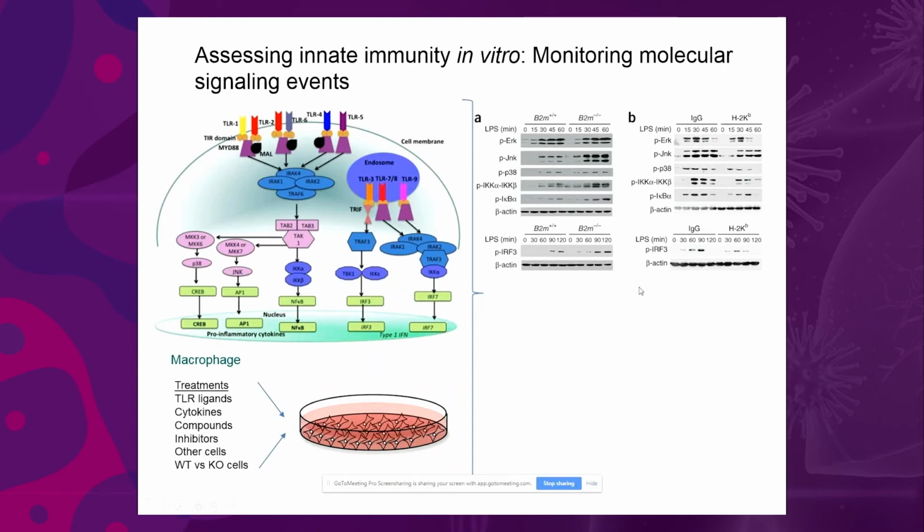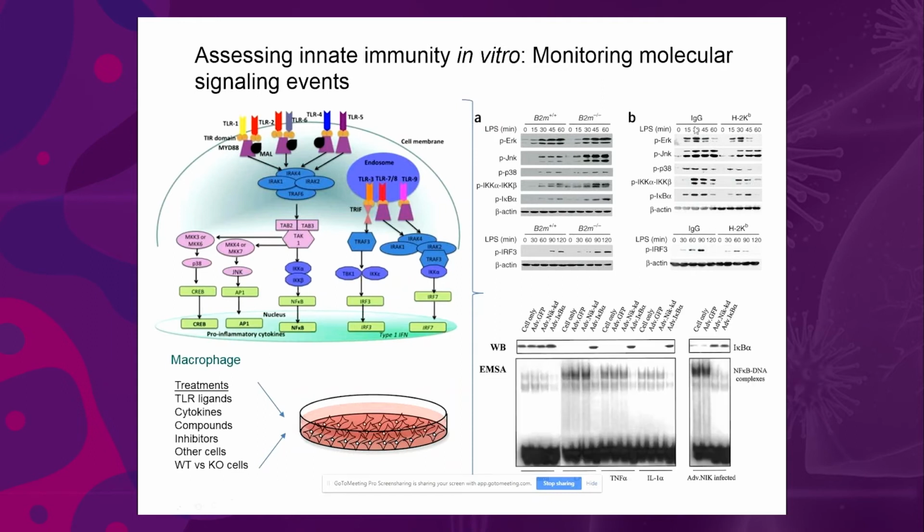You can also look at the nucleus for the presence of transcription factors, or you can do electrophoretic mobility shift assays. This is from one of my very first publications, and it shows NF-kappa-B activation in response to LPS, TNF, and cytokines.